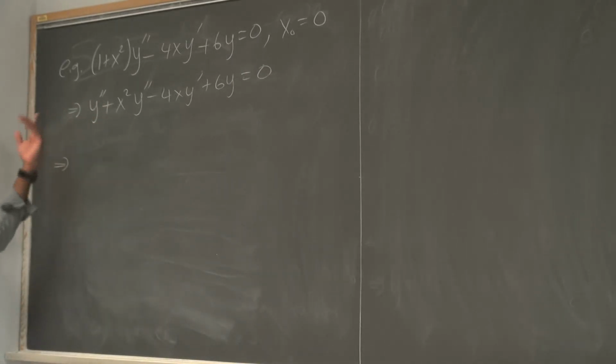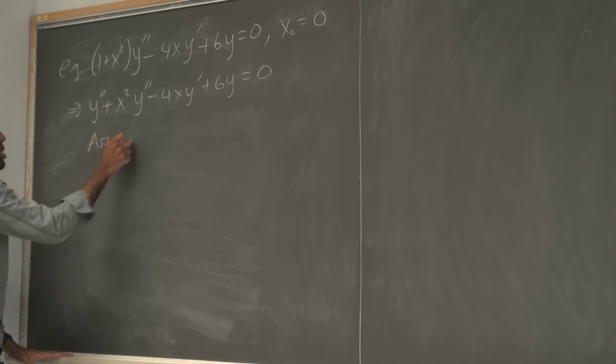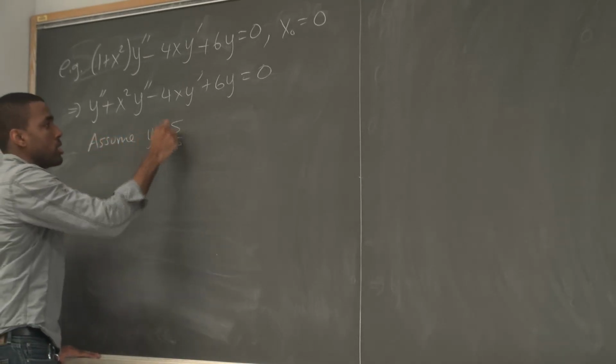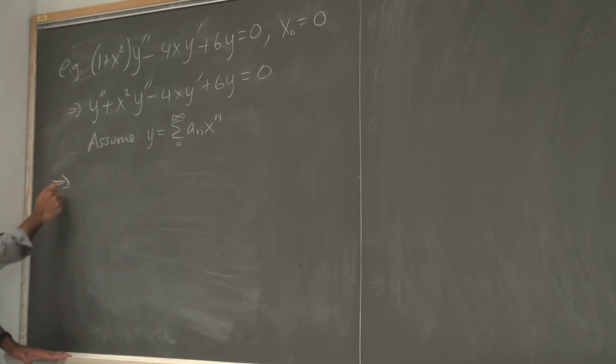Of course we assume, I don't want to write this all the time because I don't expect you to write it all the time, y is equal to the series of an x to the n. This will give us what?